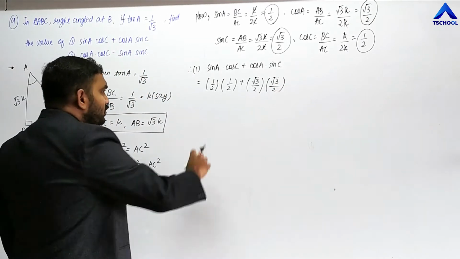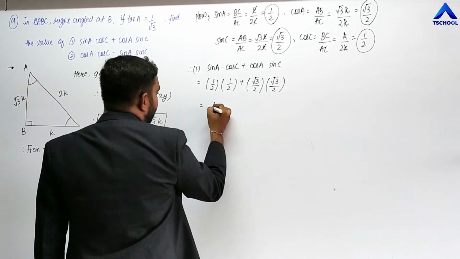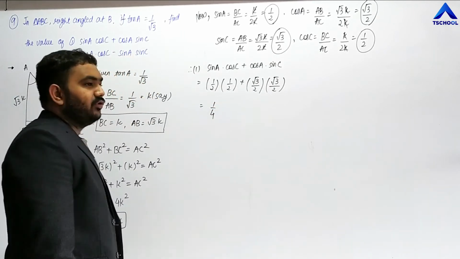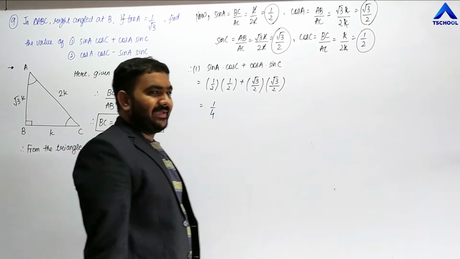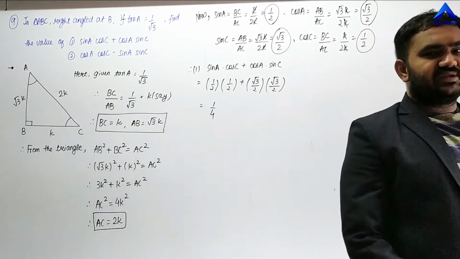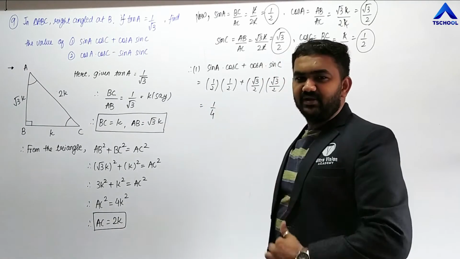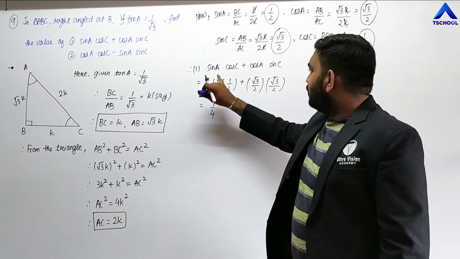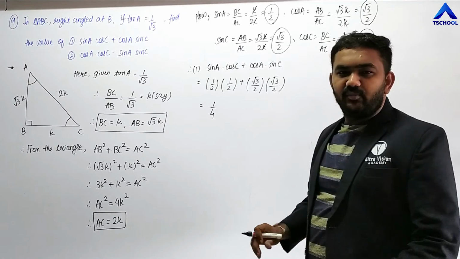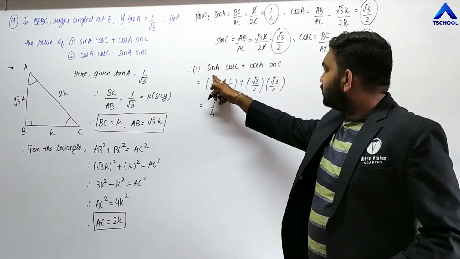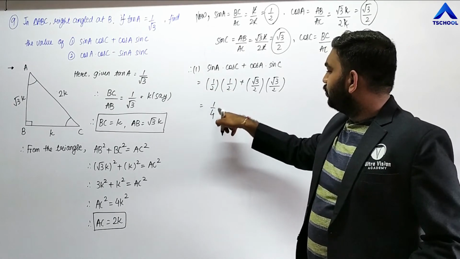Okay, so 1 upon 2 into 1 upon 2, friends, is 1 upon 4, because here you cannot cancel out. Why? Because these ratios are in multiplication, and that means numerator multiplied to numerator and denominator multiplied to denominator. So 1 into 1 is 1 and 2 into 2 is 4.